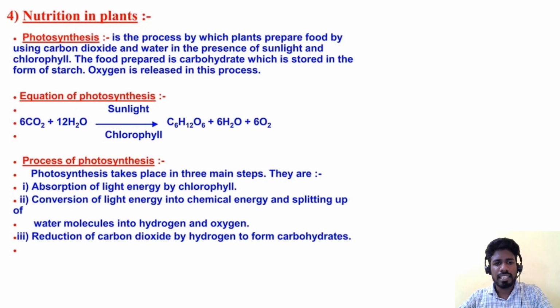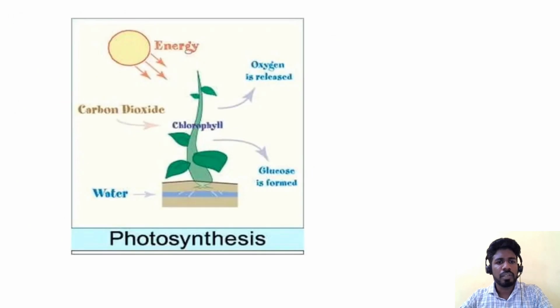Photosynthesis takes place in three main steps. The first step is absorption of light energy by the chlorophyll. Then conversion of light energy into chemical energy by splitting of water molecules into hydrogen and oxygen. Next is reduction of carbon dioxide by hydrogen to form carbohydrates. In photosynthesis, the energy falling onto the plants is mainly taken by the chlorophyll present in the leaves of the plants.